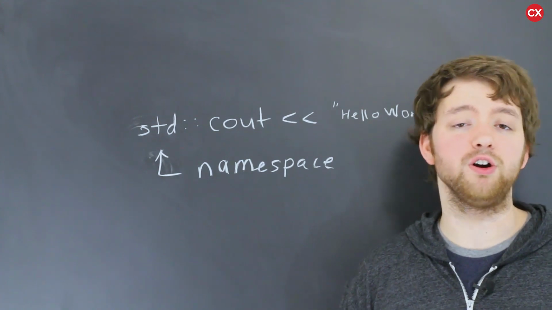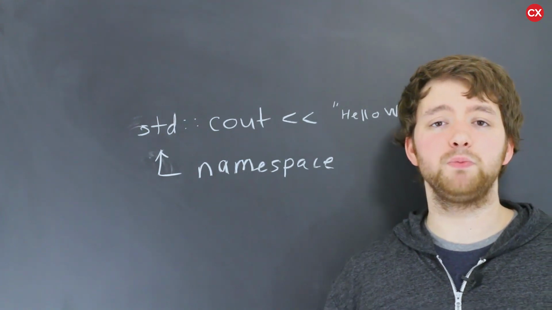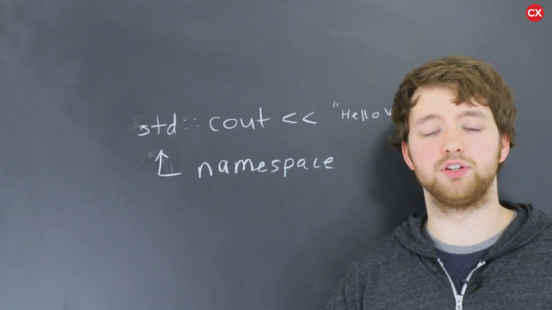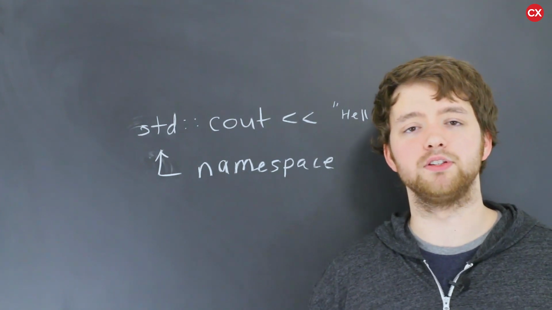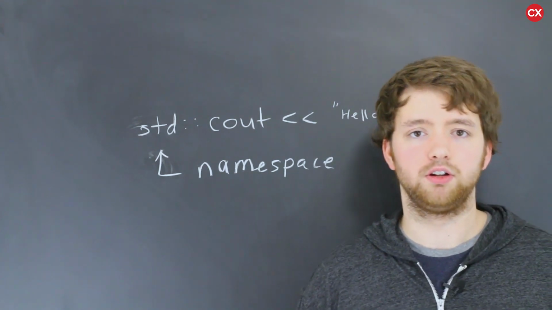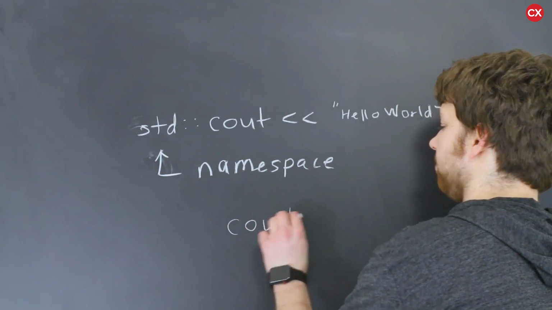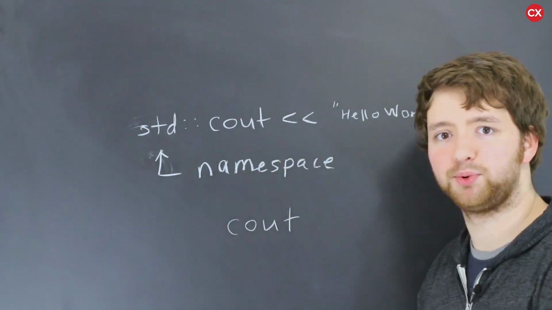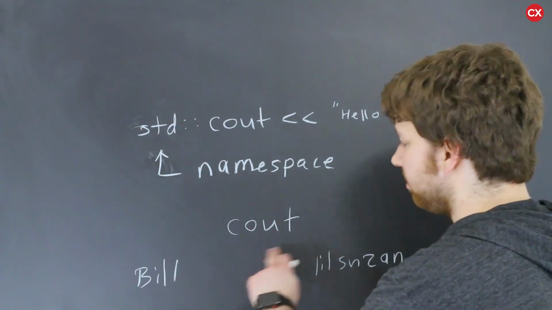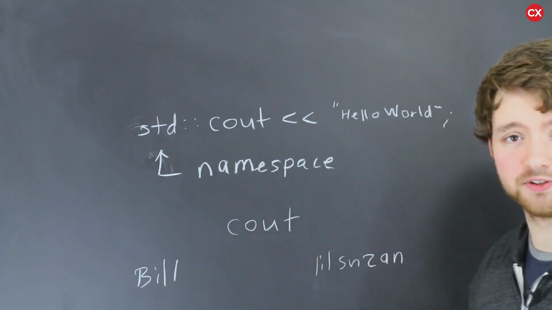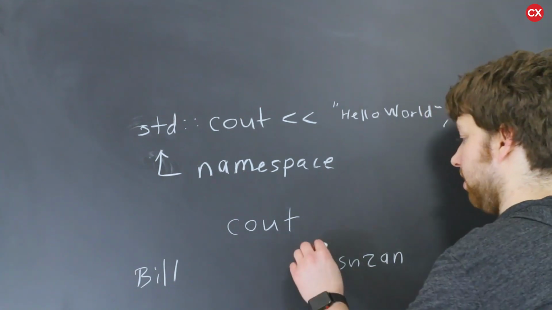Susan wants to share her code with her friends too though, right? So if people try to import both of these people's codes into their project, what happens when they call that function? So we have an issue. Let's just say the function is called cout, just to match the example here. Little Susan and Bill both created a function called cout. This is a naming conflict.